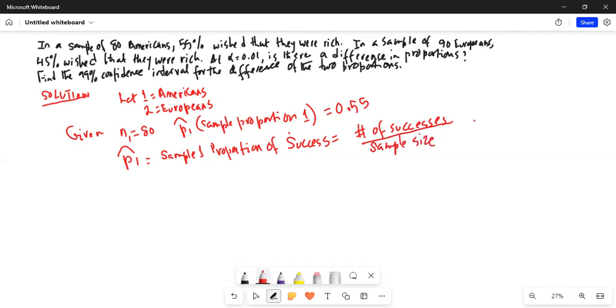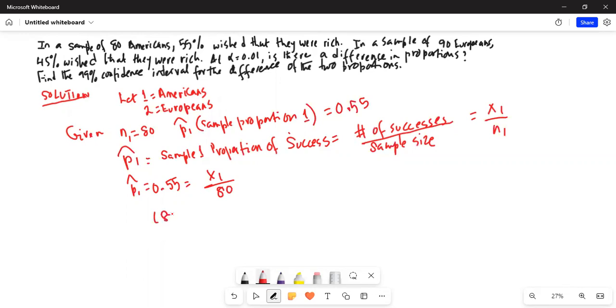Number of successes we call X1 and sample size we call N1. So P1 hat, given as 0.55, is equal to X1 over sample size N1, which is 80.